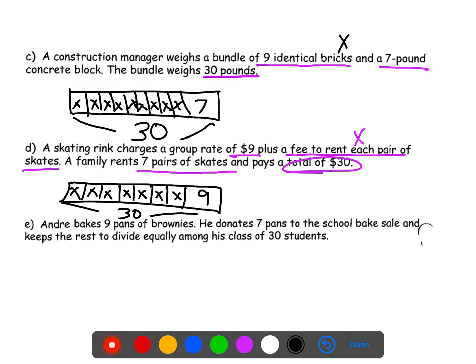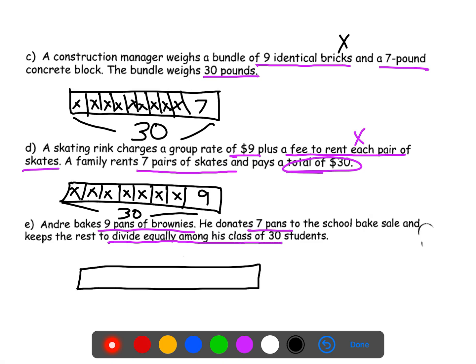All right, and then finally, Andre bakes 9 pans of brownies. He donates 7 pans to the school bake sale and keeps the rest to divide equally among his class of 30. All right. Well, for this one, if we draw it out, this time our total is not going to be 30.